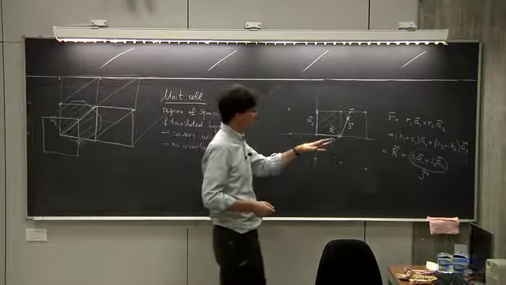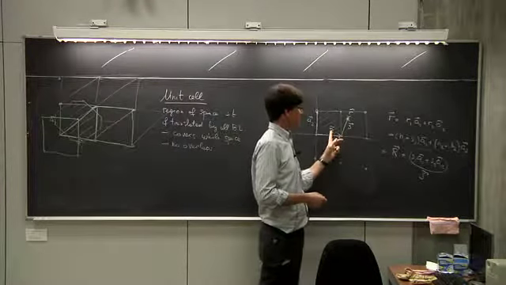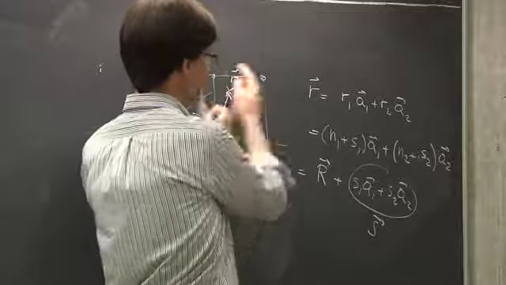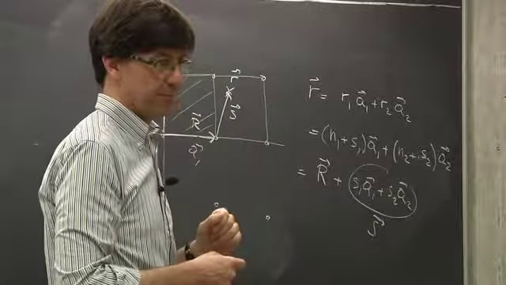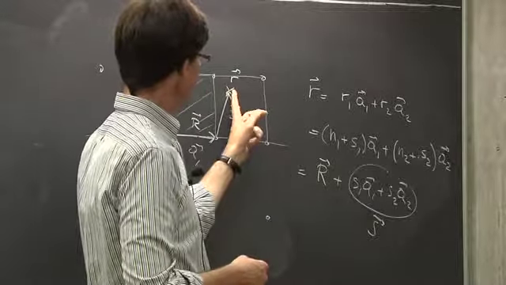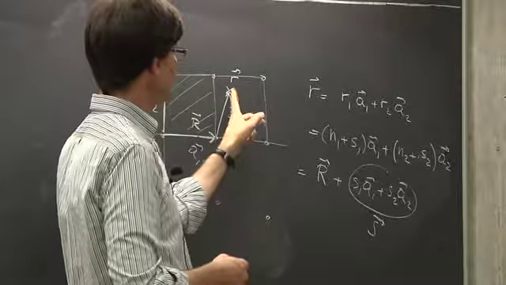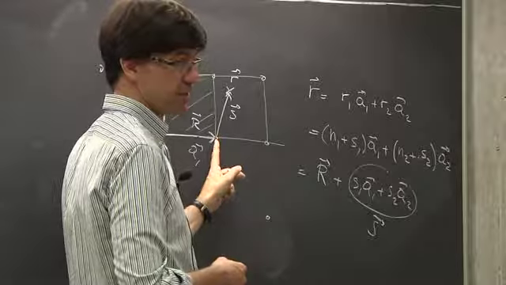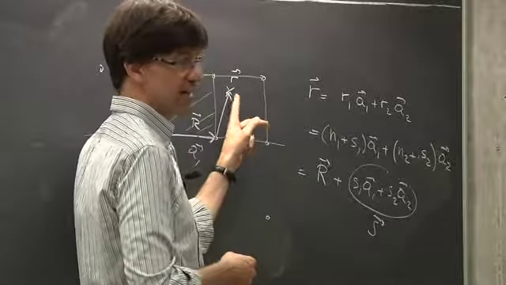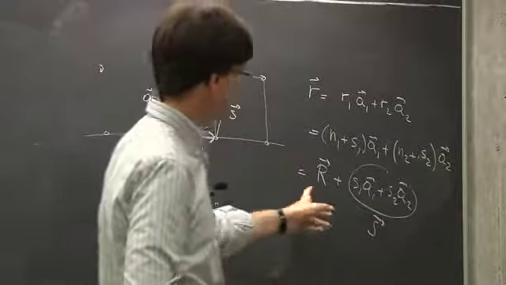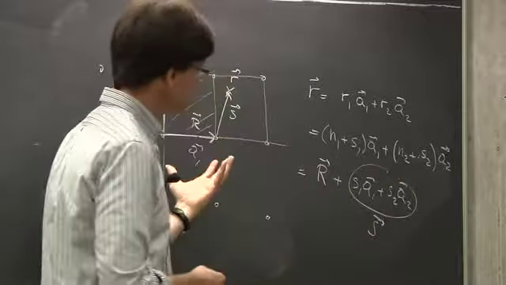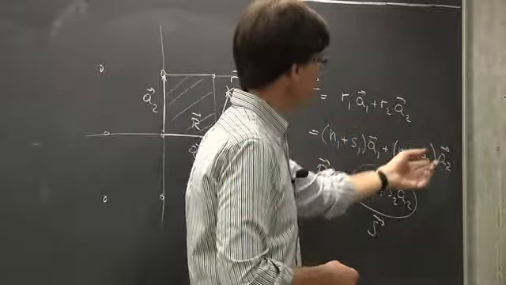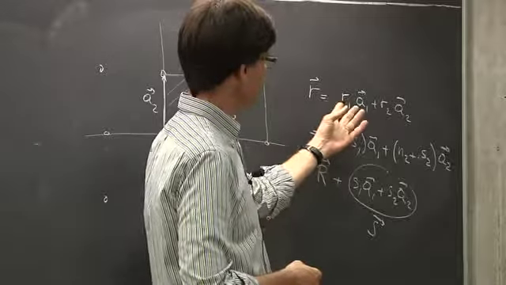So wherever I am, I will find a Bravais lattice vector that brings the unit cell close to where I am. And I can therefore say that if I want to reach this point, I can do it by summing a Bravais lattice point plus a vector inside the unit cell, which is what I'm writing here.